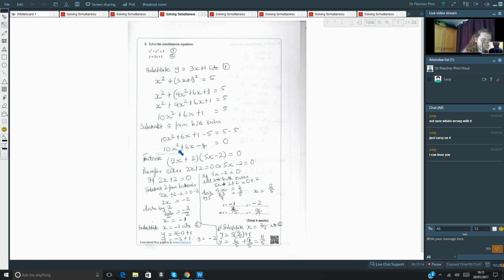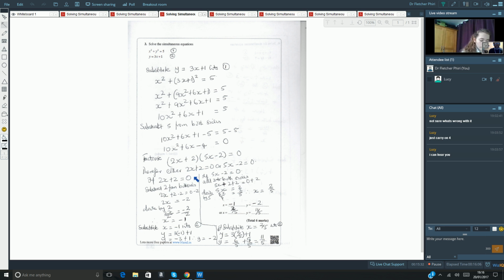If you multiply this out, you should get this quadratic equation here. Therefore, either 2x plus 2 is equal to 0, or 5x minus 2 is equal to 0.